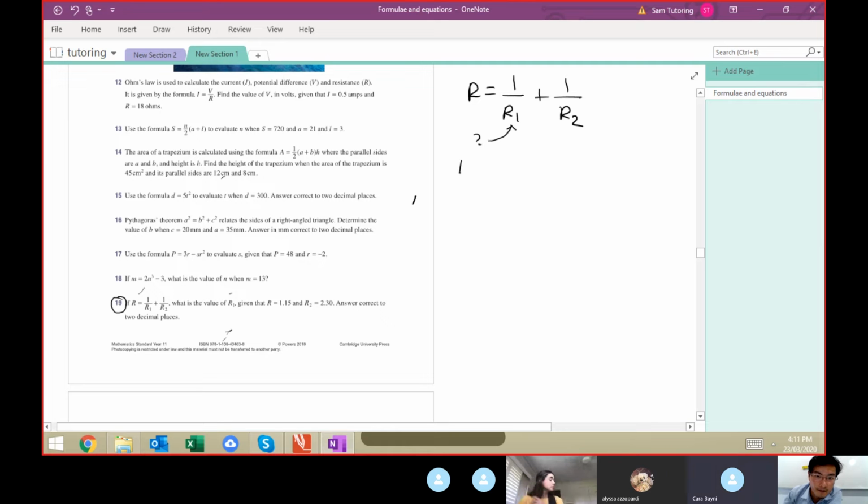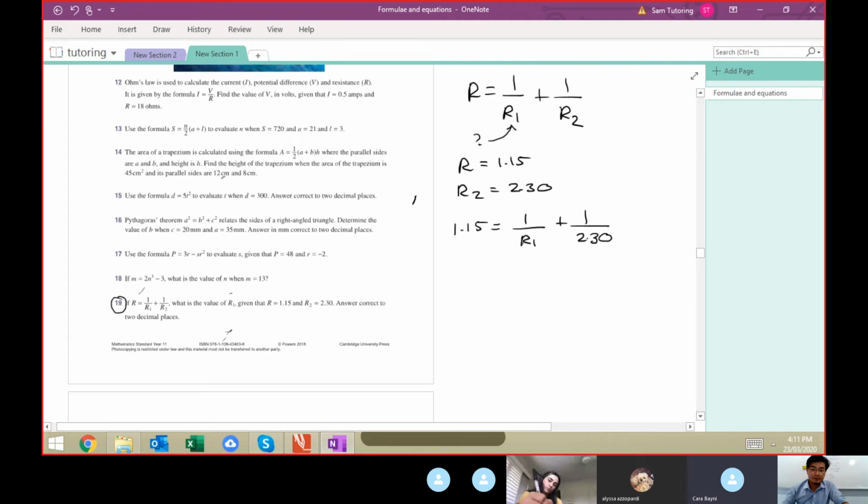But we're given that R is equal to 1.15 and R2 is given as 2.30. So if you put in everything into the equation, you get 1.15 equals 1 on R1 plus 1 on 2.30, my apologies.